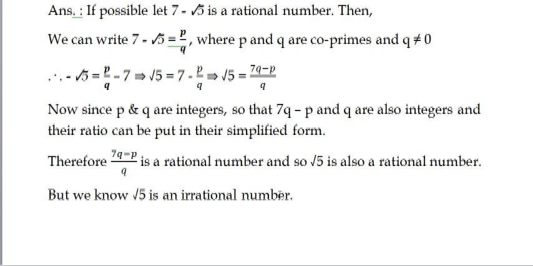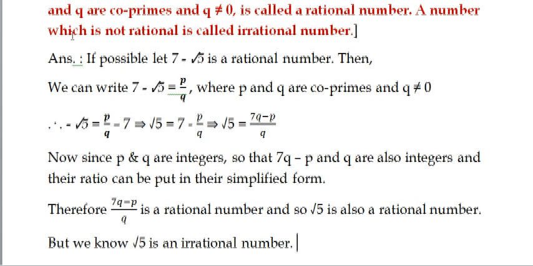If you don't know, then go through my first video where I have proved that root 5 is an irrational number. So what is the contradiction? We are proving root 5 a rational number, but we know root 5 is an irrational number. Our basic knowledge must be correct, because already we passed that place. So there is some contradiction.